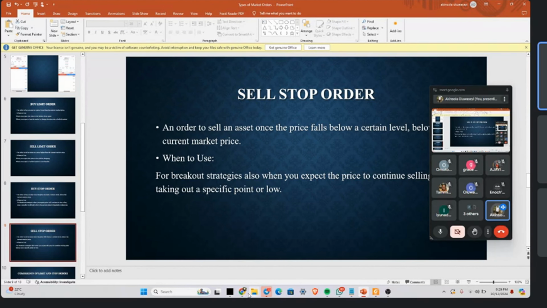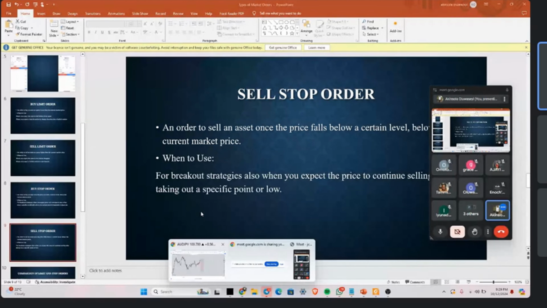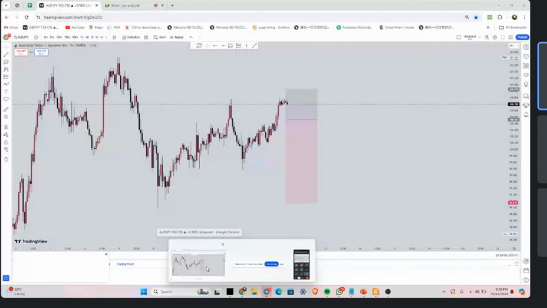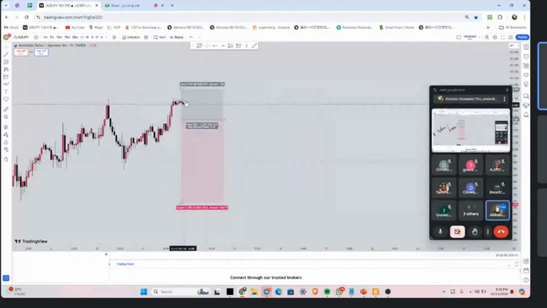So let me now use a chart example. Your market is currently here and you want to use a sell stop. The reason why we are using a stop order is we are not sure if the market is going in that direction. But I'm sure that once the market breaks a particular point, either a particular low or a particular high, then I should be going in for a buy or a sell. Do we get that?